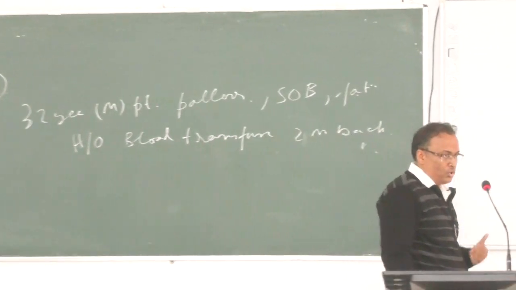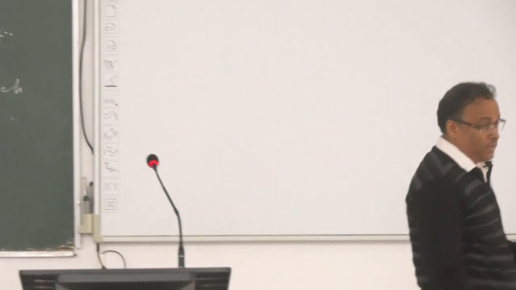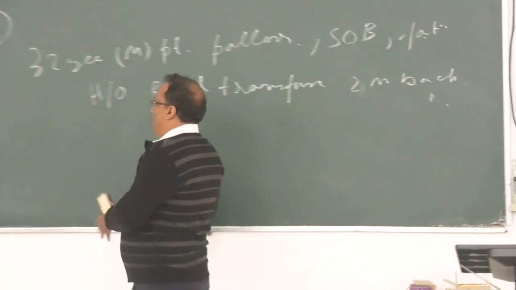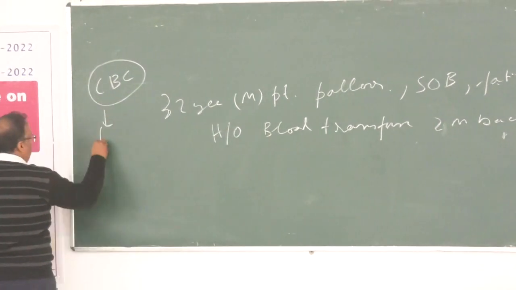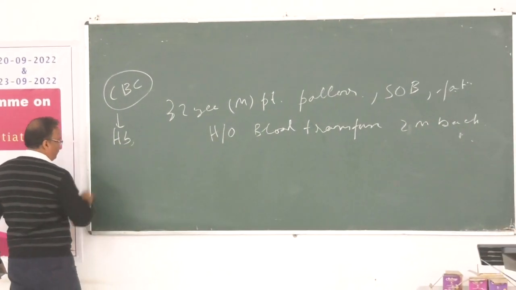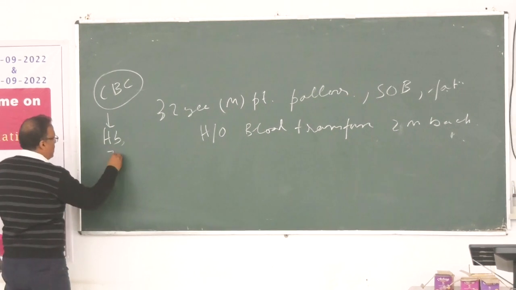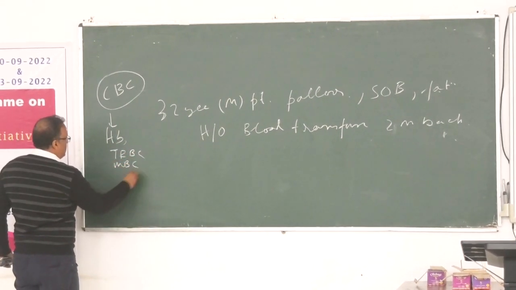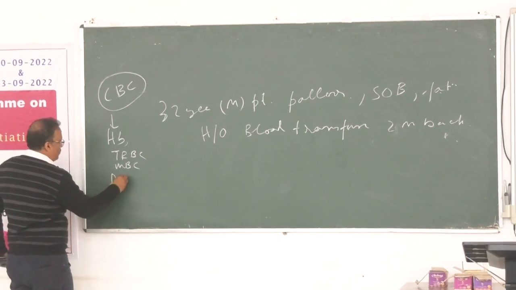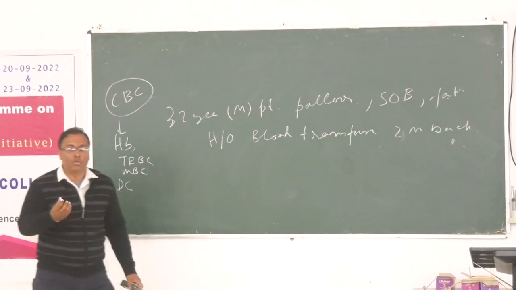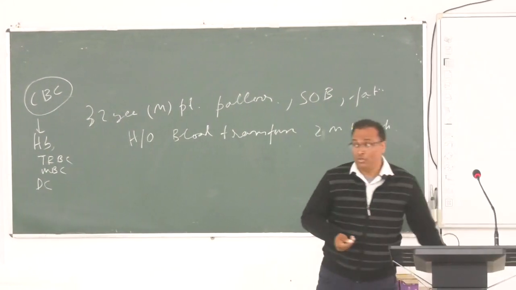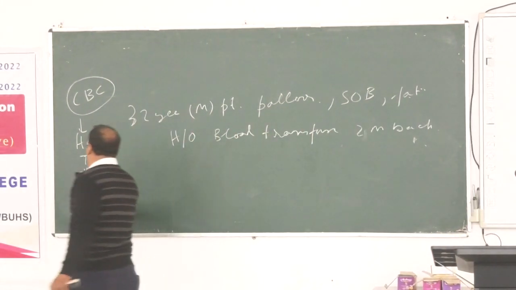Hemoglobin, total count of WBC, total count of RBC, PCV, MCV. I will write these today. So in case of complete blood count, there is hemoglobin, total count of RBC, total count of WBC, and the differential count: how much neutrophil, basophil, eosinophil, lymphocytes. These come in the differential count.